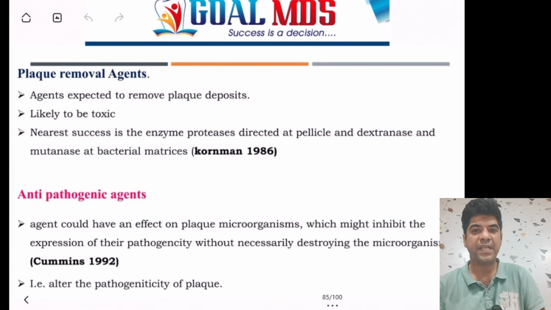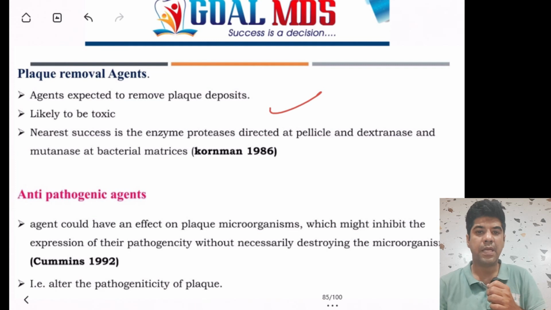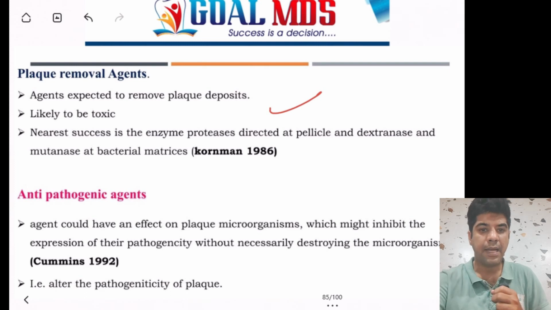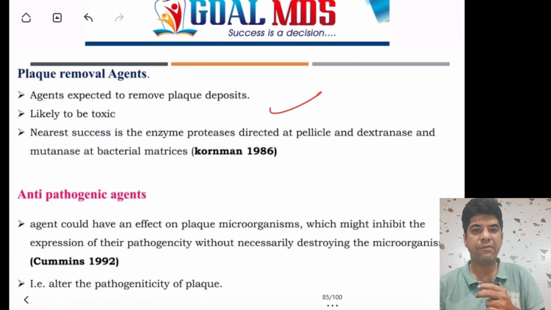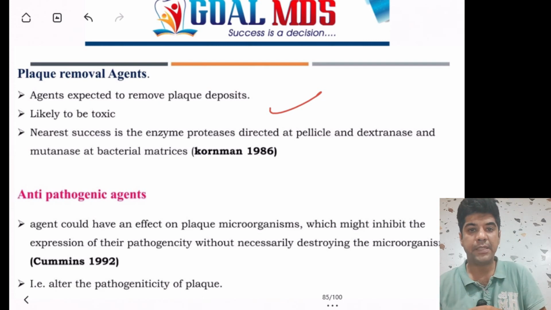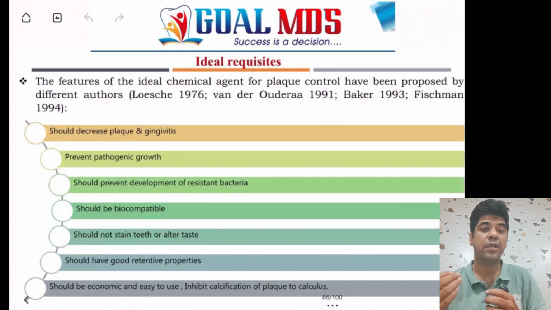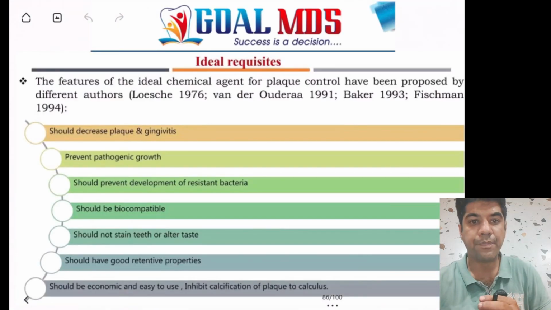It is about physically getting rid of plaque by brushing and cleaning your teeth, just like sweeping away dust and dirt from your floor. And last is the anti-pathogenic approach. This approach focuses on targeting the harmful effect of bacteria in plaque, trying to reduce its ability to cause damage. It is like weakening the bad guys so that they can't do much harm.